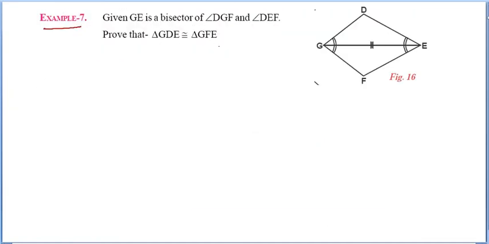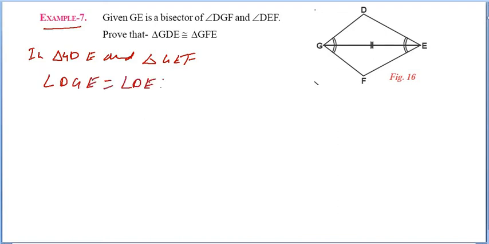Now come to the example 7. So GE is the angle bisector, and the angle this and this, prove that this angle is congruent. So you can write here in triangle GDE and triangle GEF. So let us see here. So angle of DGE is equal to angle of DEG.